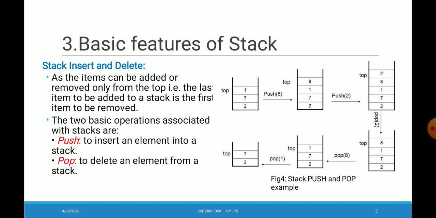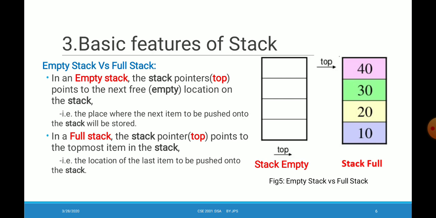Now let's have a look at more features associated with stack. In this regard, we introduce empty stack and full stack. In empty stack, the stack pointer, that means top, points to the next free or empty location on the stack.